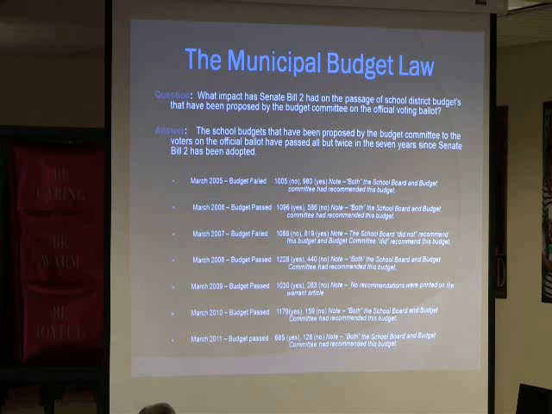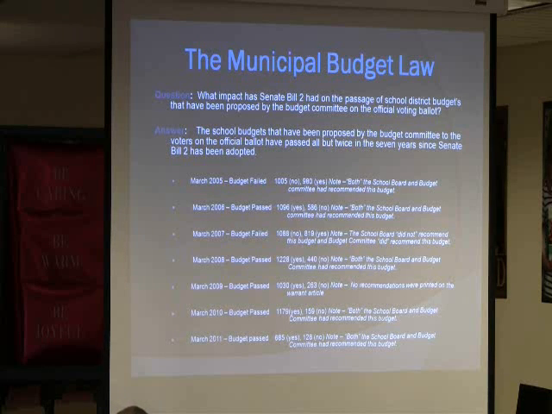The following year was a year where we did not have an agreement between the budget committee and the school board. In that year, the school board recommended that the voters do not accept the budget committee's recommended budget, and the budget committee did recommend passage of that.